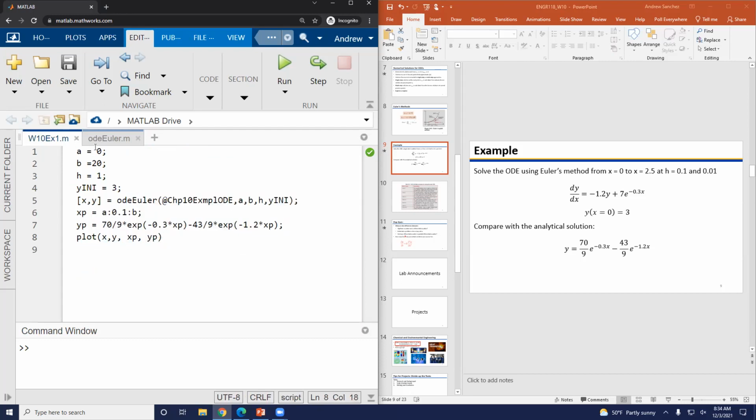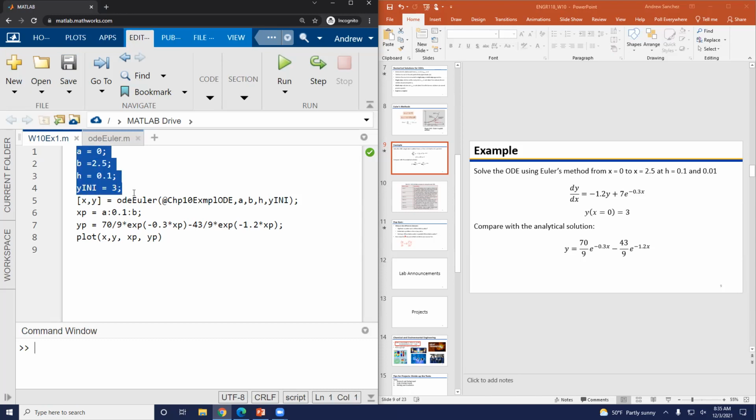So in this script, we're going to define all the parameters. We have a equals 0 and b equals 2.5. Okay, our step size is going to be 0.1. And then the initial, so this is our initial condition. Okay, so I have y at x equals 0, which we're calling y initial. That's 3.